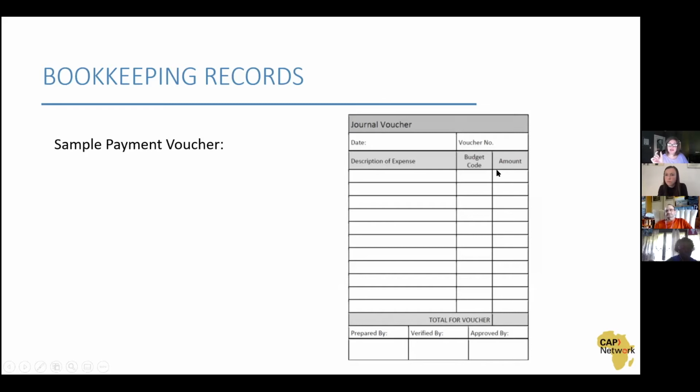You could split that transportation amount and allocate half to one project and half to the other project simply by how you enter it here. So you could put transportation to community X, you put budget code 1, budget code 2, and you would take the amount and split it in half. So if you spent 100, you could say 50 for project 1 and 50 for project 2. Okay. Does that answer the question? Okay.